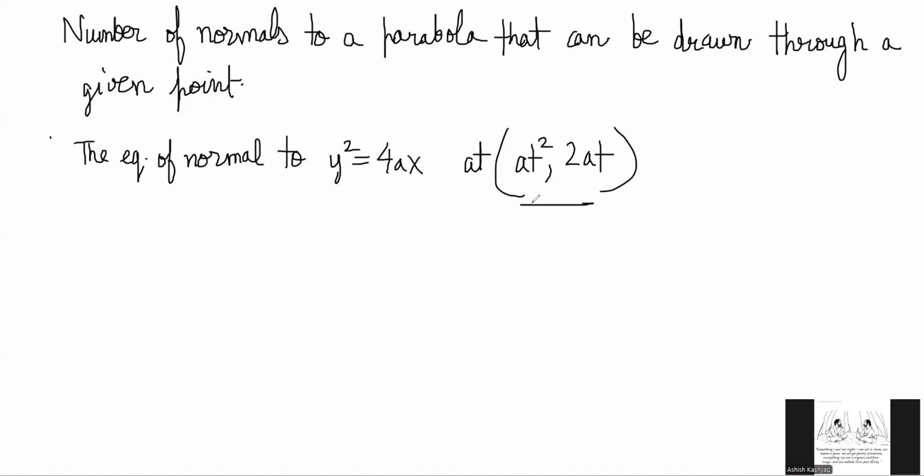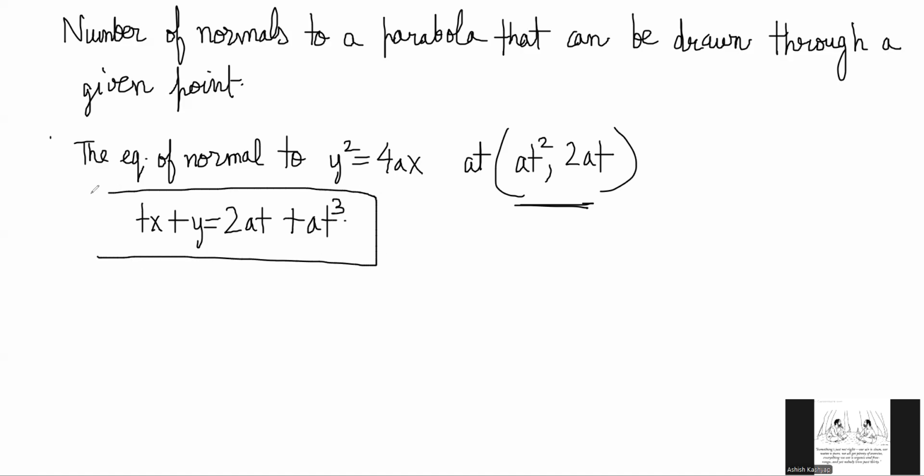So this is the parametric form of a point on the parabola. Remember, we have not yet discussed parametric form, that will come in the next class. So don't worry about that too much. The equation of the normal will come out to be tx plus y is equal to 2at plus at cubed. I will discuss this equation and the derivation in the next class. However, you might be already familiar with this.